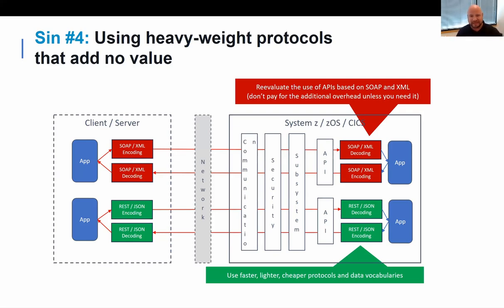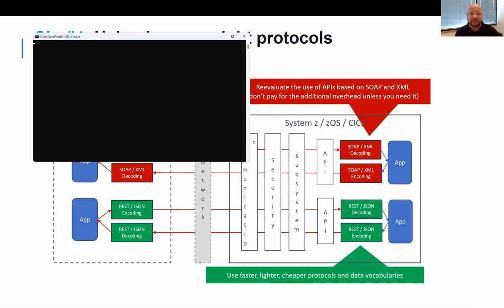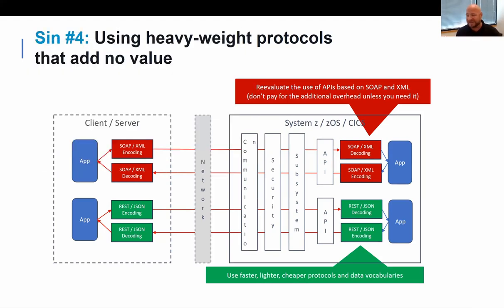I mean, SOAP was brilliant at the time, and a lot of that had to do with the ability to do things like QoS. But I've never seen, especially in CICS, anyone using the manageability of QoS within the protocol. So go back and take a look. If you're doing this today, you just need to go and download z/OS Connect, really rethink the whole thing, move away from the heavyweight patterns and move to much lighter weight protocols.